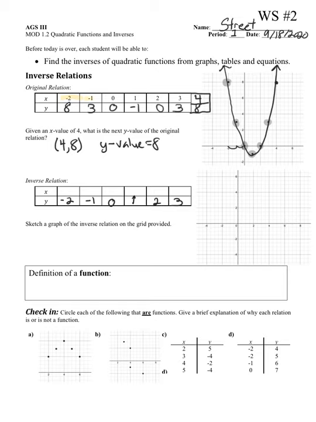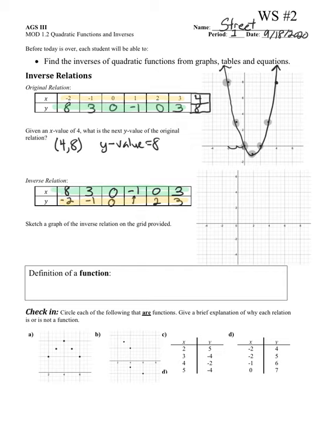So these were my old x values, and those become my y values down here. And then my old y values, those are going to go on the x column of the new table, the inverse table: 8, 3, 0, -1, 0, 3. All right, that's all we have to do to find inverses.